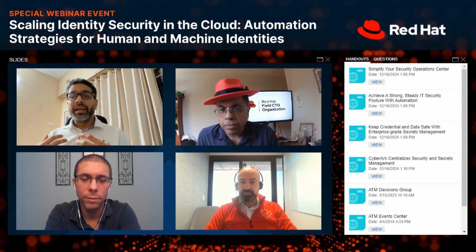The challenge is the number of machines is growing exponentially. The number of machine identities is growing. Volume of machine identities. Now, the velocity at which you need to lifecycle manage these machine identities is also very rapid. Think about how many times a container is spun up and spun down in an ephemeral cloud native application.